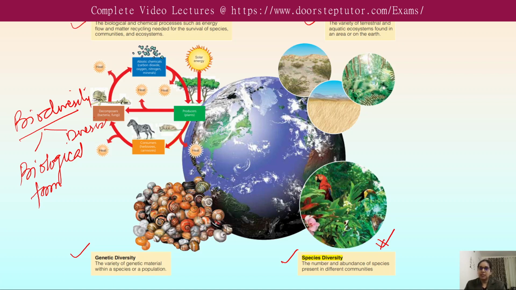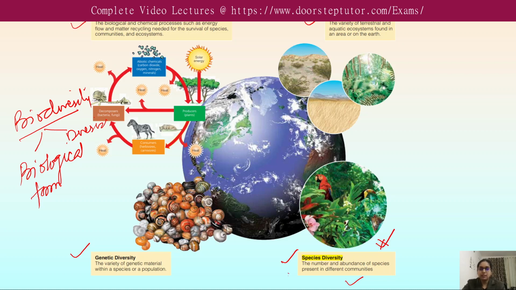So biodiversity is a very vital renewable resource, and it comprises species diversity, which is the most obvious one of the important parts. It includes the number and abundance of species of plants, animals, and fungi of that particular region.